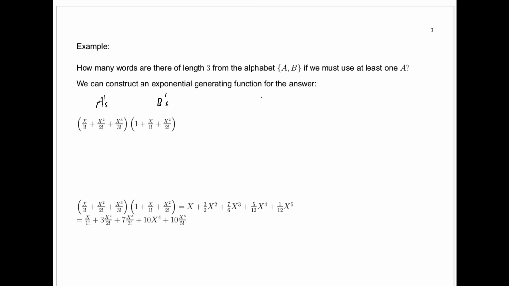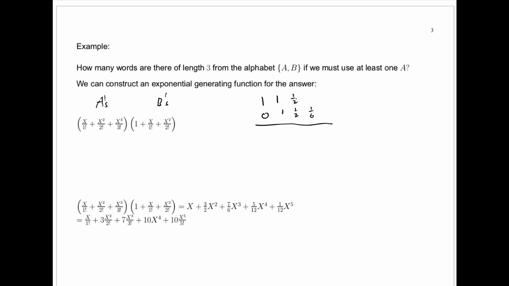Well, the second factor is just represented in synthetic multiplication by 1, 1, 1/2. It's okay if there's not an integer there. This first factor would correspond to 0, 1, 1/2, 1/6. Don't forget the 0 in the constant place. And now we want to multiply those together.